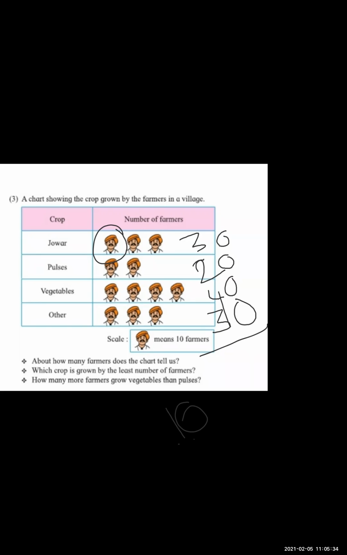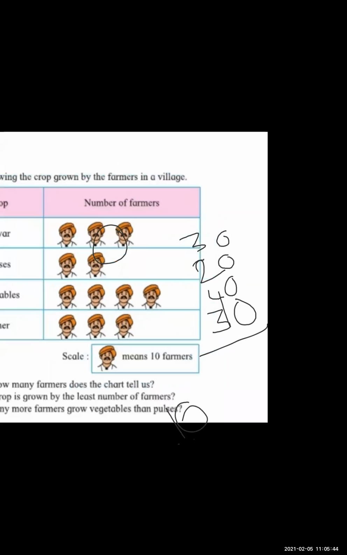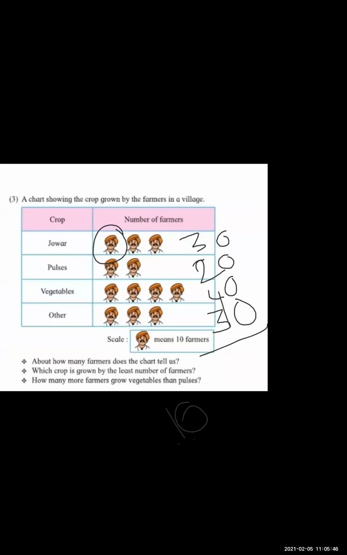Okay, the next question is, how many more farmers grow vegetables than pulses? Yes, it's a confusing question. How many students are giving the answer? We will see. Very nice.